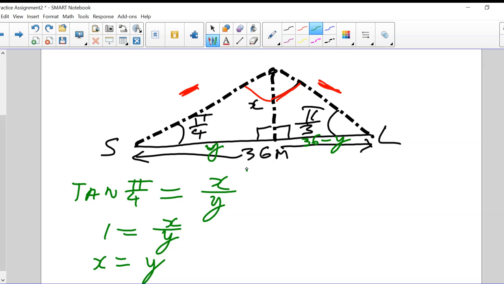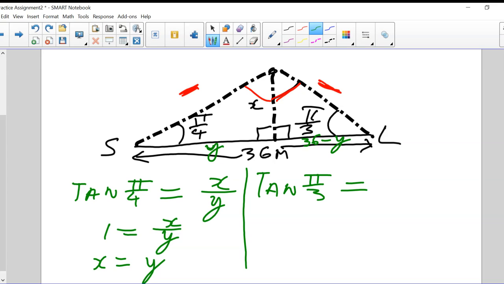Okay, let's go to the one on the right now. Can we also come up with a tangent of pi over 3 and set it equal to something? What would the tangent of pi over 3 be equal to, based on SOHCAHTOA?